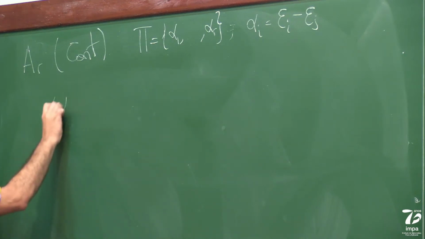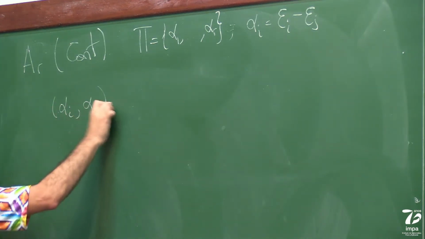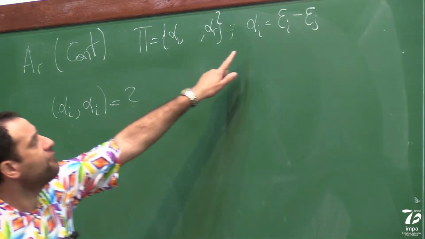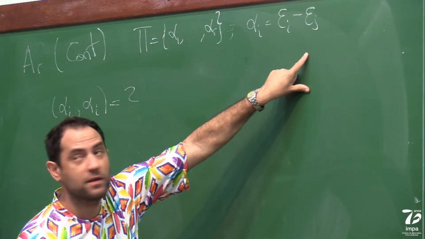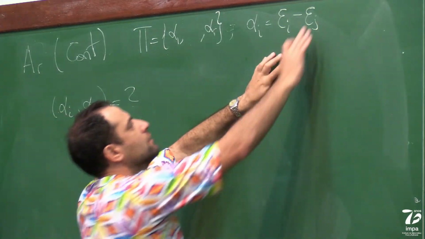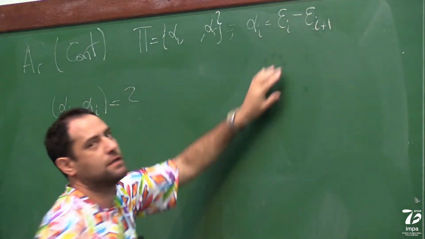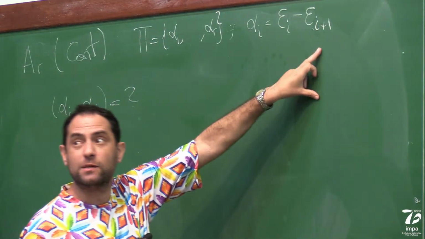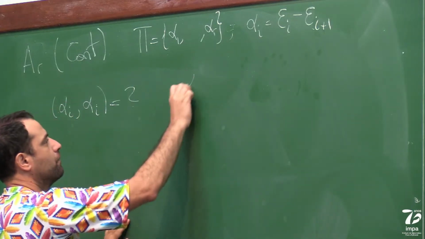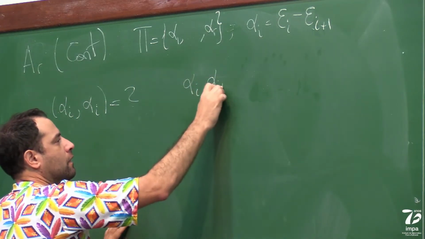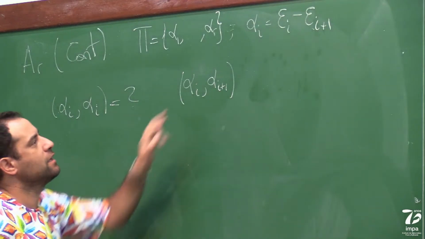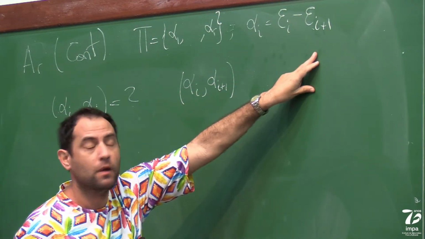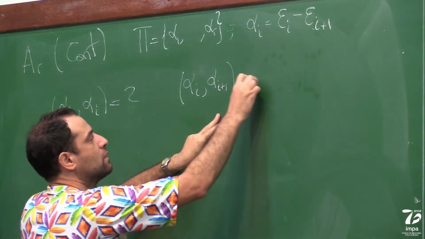So alpha_i with itself is equal to 2. Also, it's clear that alpha_i with alpha_{i+1}, the inner product of these two, is the inner product of this with epsilon_{i+1} minus epsilon_{i+2}. So the inner product of those two things is equal to minus 1.